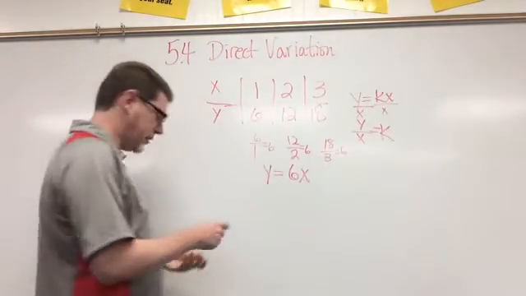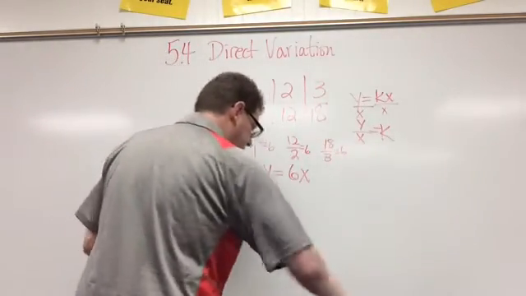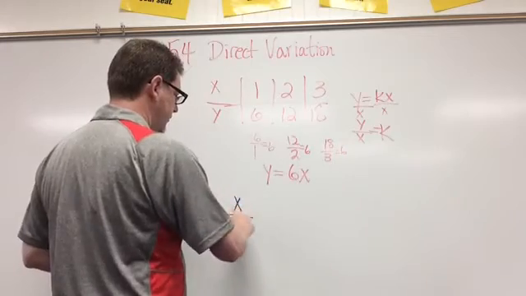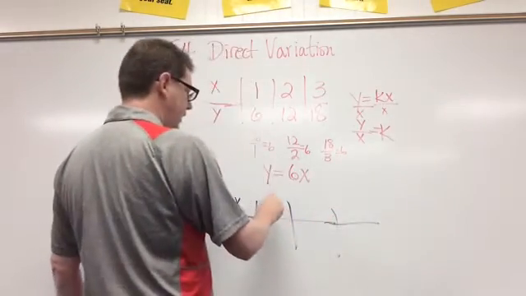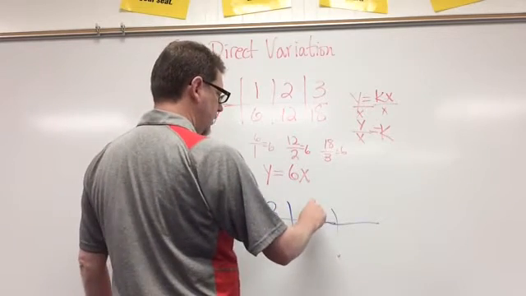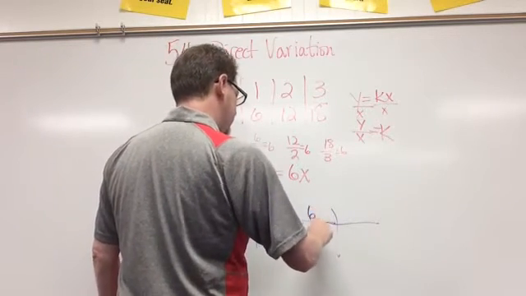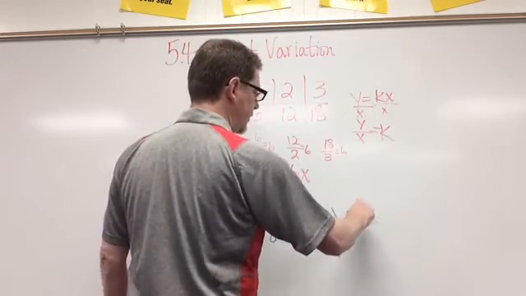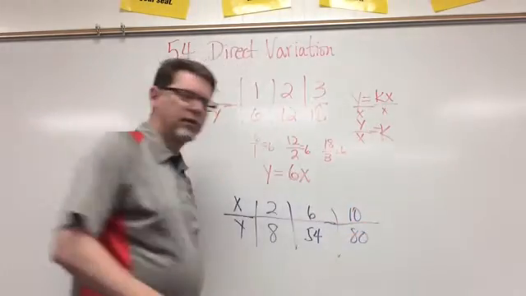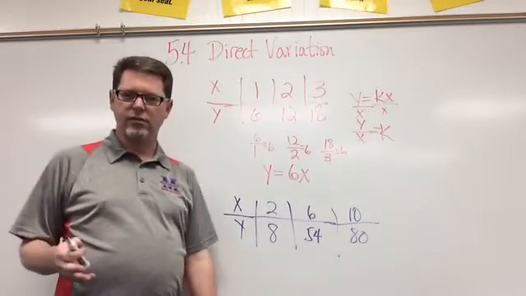Well, let's look at another table and see if this other table is direct variation. If we have 2, 8, 6, 54, and 10, 80. Let's see if this is direct variation, okay?